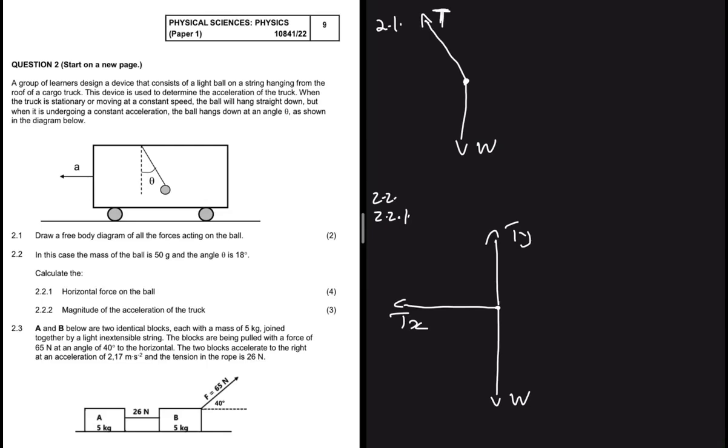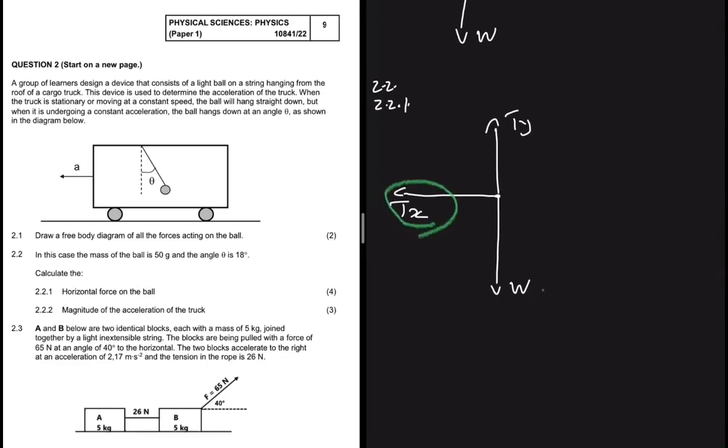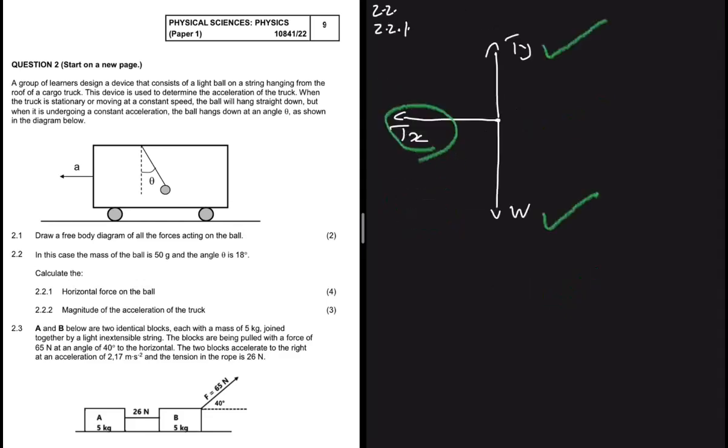Although we have the angle, we don't have the tension, right? So we cannot calculate Tx directly. What we can do is calculate the weight and equate it to Ty, and then after finding Ty, we can find Tx. So we're going to say that the y component of our tension is equal to the weight. Our object is not moving upwards or downwards, so this equation should be true.